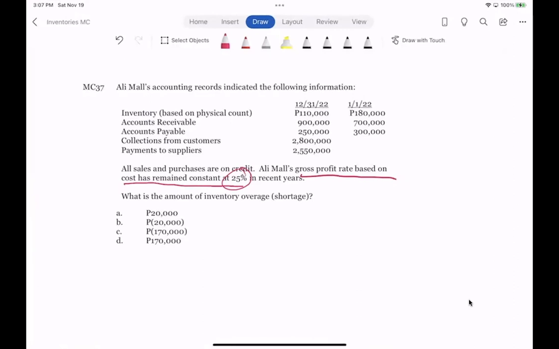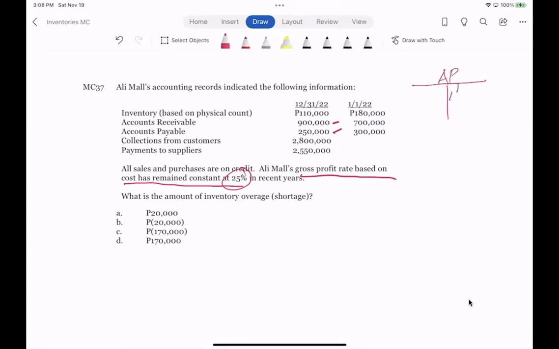Okay, but purchases and sales were not given, so we will make use of accounts payable to arrive at purchases, and let us make use of accounts receivable to arrive at sales. So for purchases, we have accounts payable.